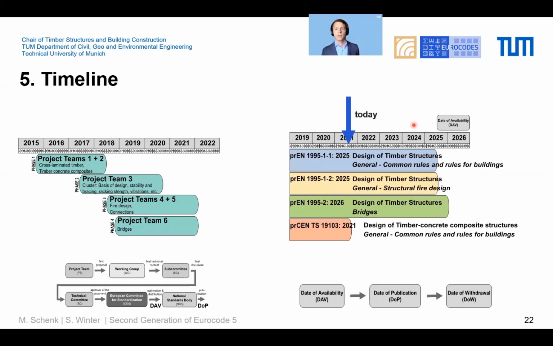Now, please let me give you an additional explanation. As the member states can decide individually on the date of publication of a standard, the date of availability is not the same as the date of publication. And it is also not the same date as the date of withdrawal of the old generation of the standard. Shown on screen with these streamlines here is the date of availability.